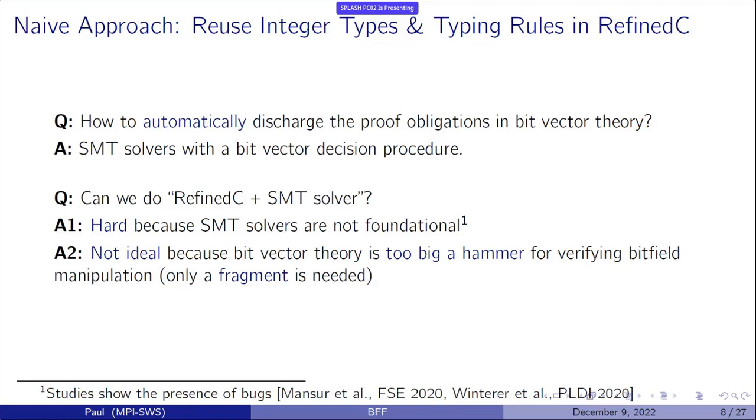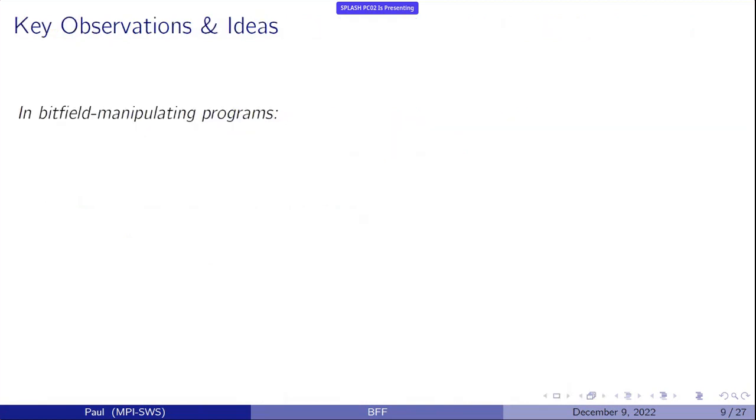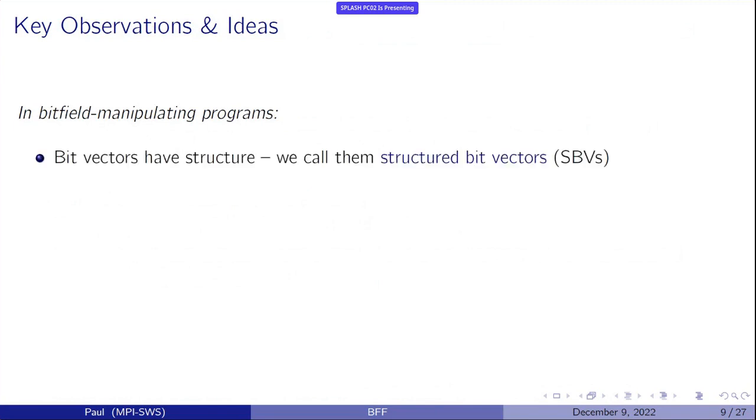So we're taking a different approach in this work, and our key observations are the following. We realize that in bit field manipulation programs, first, the bit vectors have structures. We call them structured bit vectors to distinguish them from raw bit vectors that do not have any internal structure.